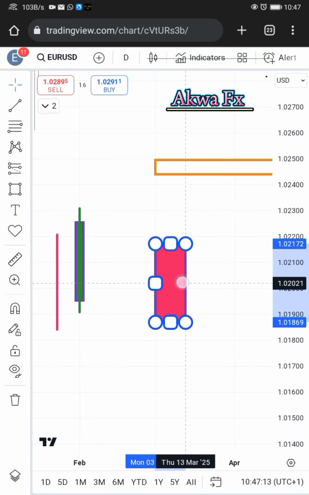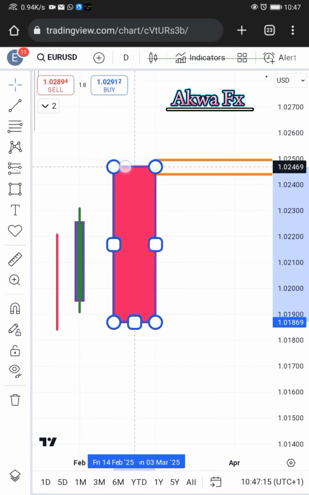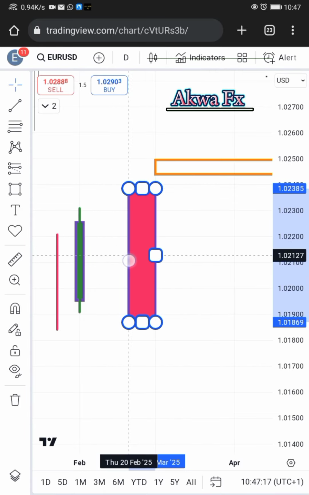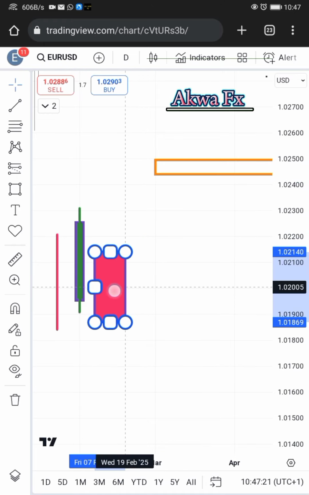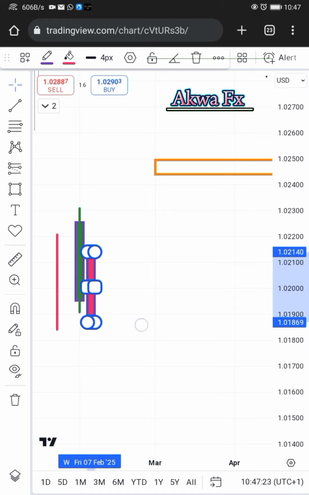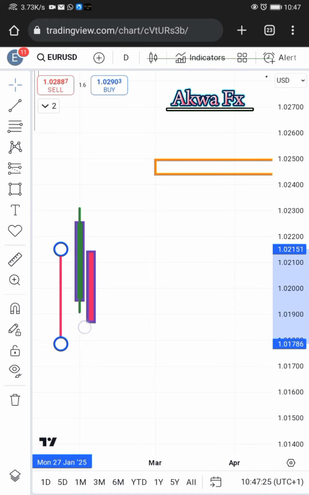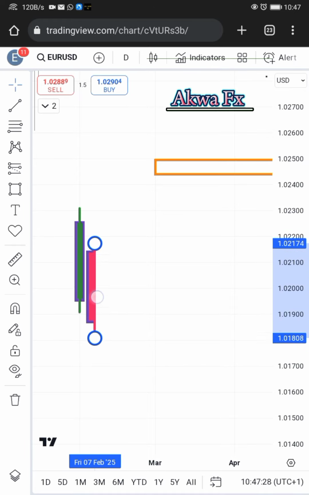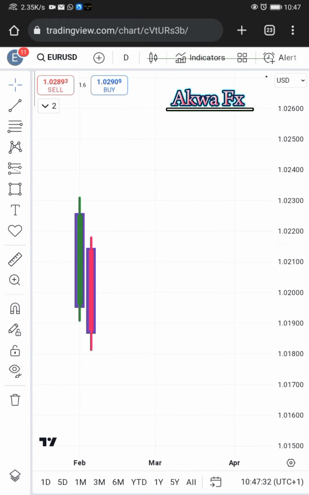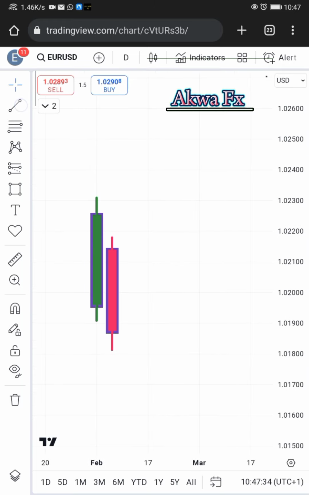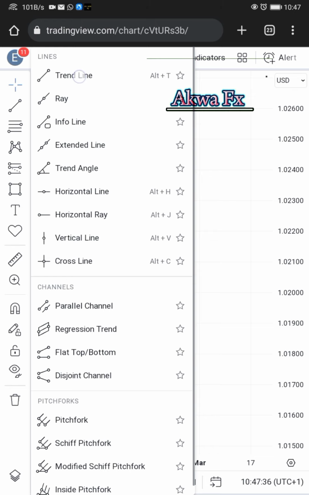The market has to be bearish. I'm not so good at drawing, but let's just try.